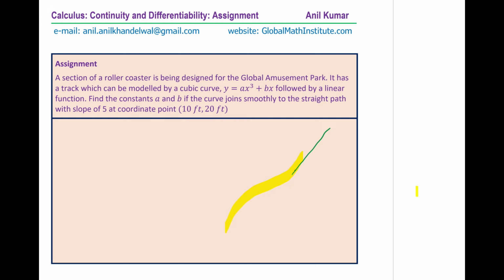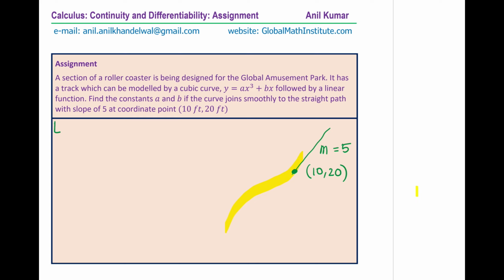And this point of merging is given to us as, let's say the coordinate point is 10, 20. So we know two things at this point. One, the coordinate point, and we also know that the slope of the curve m is 5. That can give you the equation of this linear function. You get the idea. So let's go with the equation of the line.